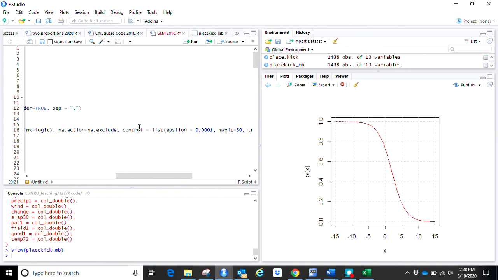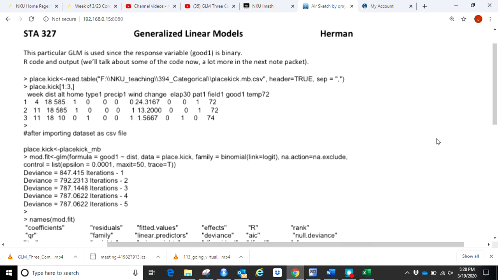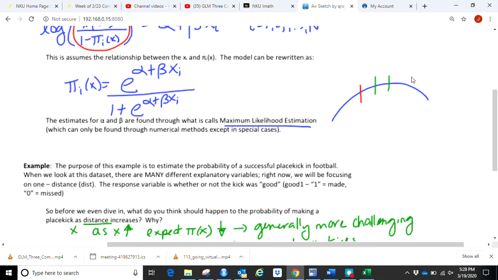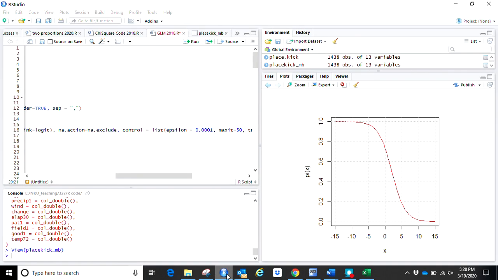This control is through that iterative process that we talked about. Looking back here at my little picture of trying to understand this maximum likelihood process, it's saying how many iterations of that you want to go through. So I'm going to go through a maximum of 50 iterations. If it stops changing by less than 0.0001, it's going to go ahead and stop that process.